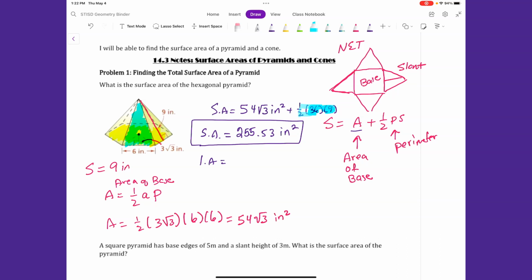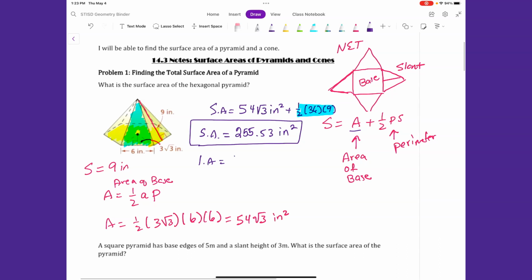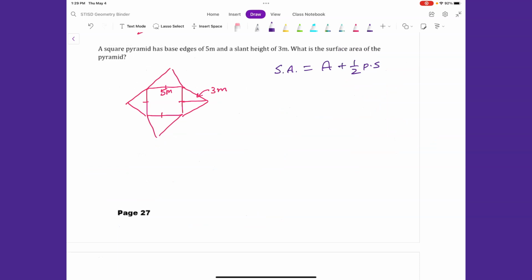This is describing the lateral area of the triangles. So we have 1/2 times 36, which is 18. 18 times 9 gives you 162 inches squared. So if they were asking for the lateral area, that would be the answer, 162 inches squared.